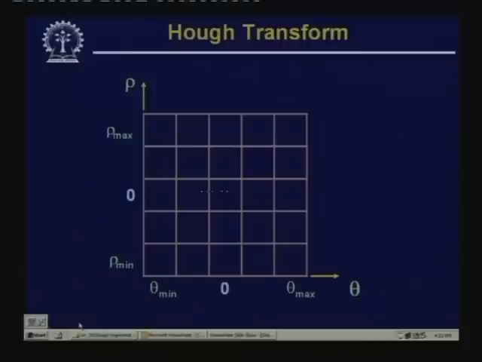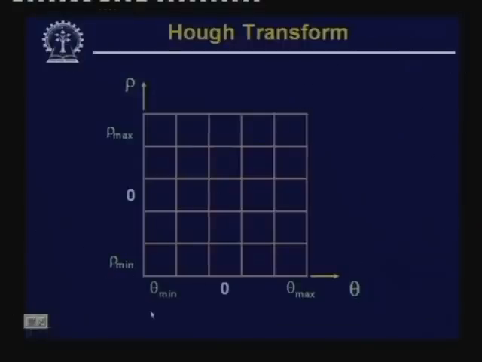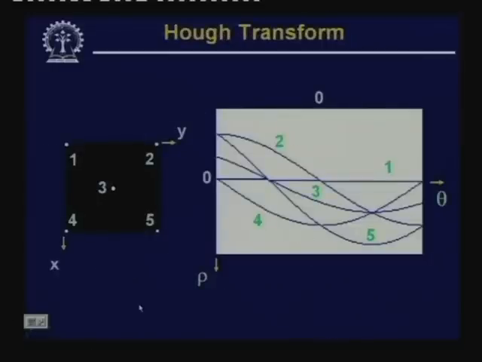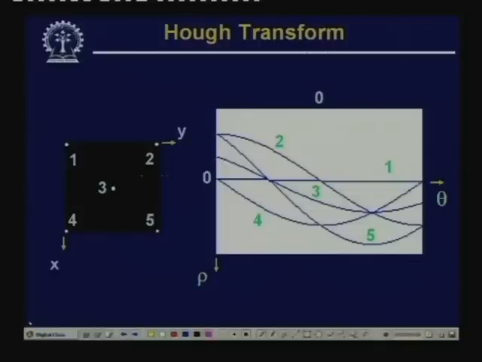Now, let us see by applying this technique what kind of result we can get. Here what we have shown is, as we have said, that every point in the spatial domain is mapped to a sinusoidal curve in the parameter domain in the rho theta plane.